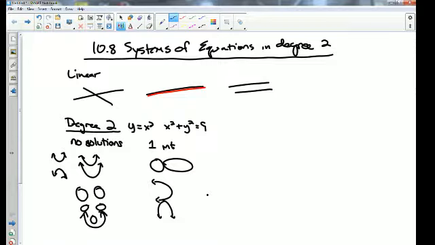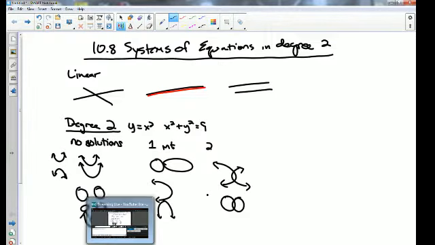Two shapes that touch in one spot. Can we do 2? Yes, it's the most common. A circle, right? That's a one.